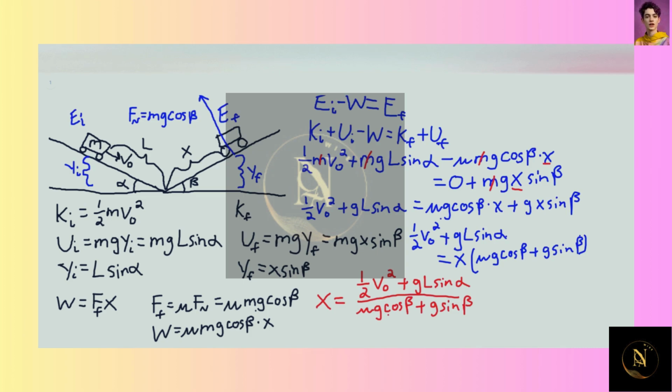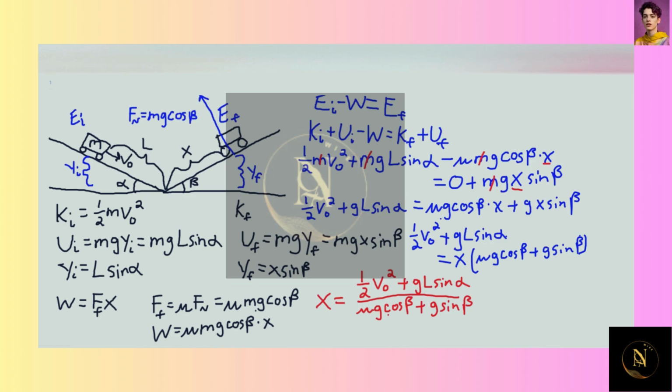Now if this problem gave you numbers, which it didn't, but if it had numbers for the initial speed v naught, the length L, and the angles alpha and beta, we would be able to plug them in and get a value for x. But we haven't been given any numbers. We're just working symbolically this whole time, so this is as far as we can go.